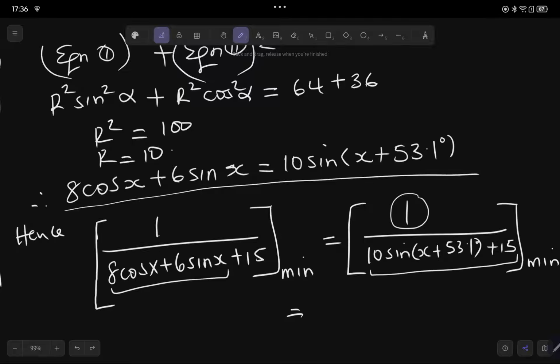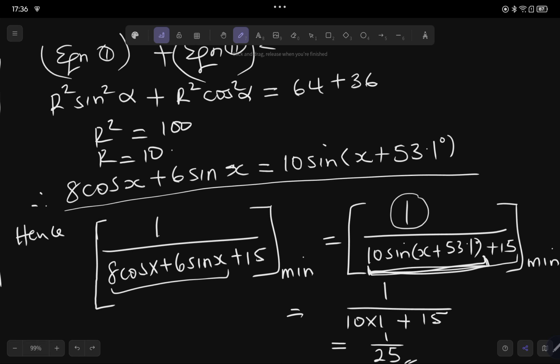And for the sum to be very big, the thing you are adding must also be very big. So even this one must be a maximum. So it will be 1 out of the maximum of this, which is 10 times 1, plus 15. 15 doesn't change. You get 1 out of 25. That is the minimum.